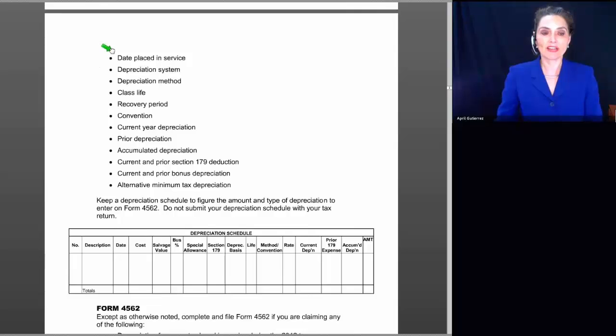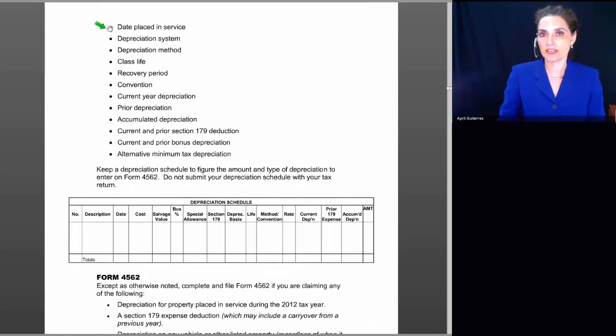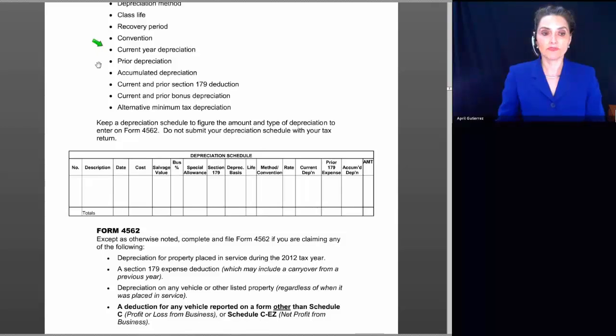Obviously, the depreciation schedule has to track the cost, but you also need to record the date that the asset was placed in service, the depreciation system, ADS or GDS, the depreciation method, straight line or accelerated, the class life that you've determined using the class life tables, the recovery period, which may be different than or equal to the class life, the convention, is it mid-month, half-year, or mid-quarter, the current year depreciation deduction that you have figured, the prior depreciation that has been claimed to that point, accumulated depreciation, which is prior plus current year depreciation, current and prior Section 179 deduction, current and prior bonus depreciation, and alternative minimum tax depreciation. That's a lot of information. Thank goodness our computer's doing it for us.